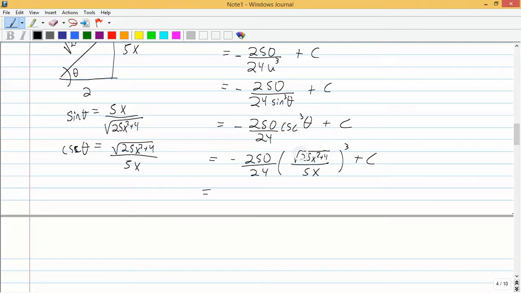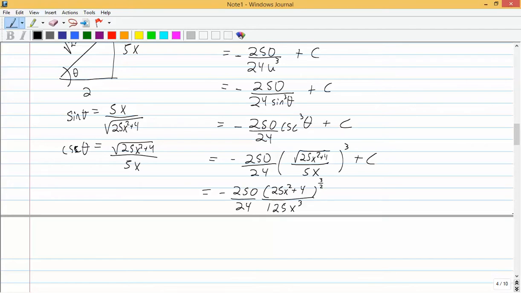I probably just want to write it as the what power. What power would that give me in the numerator? Yeah, 3/2, right? Because that's 1/2 and that's 3. So you could write that to the 3/2 power. Very good. And then if I cube the bottom, that's going to be what? 125x cubed.